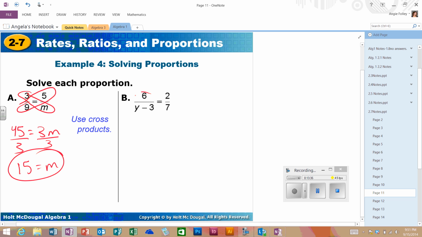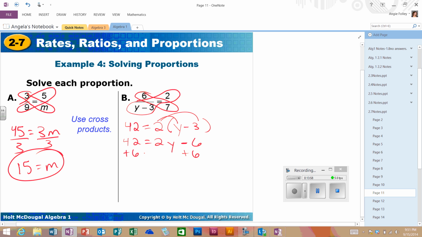All right, next one. I'm going to start with the easy one. 6 times 7. Okay, 6 times 7 is 42. This is a little tricky. 2 times y minus 3. You have to take 2 times the quantity y minus 3 so that it ends up being distributed to each part.